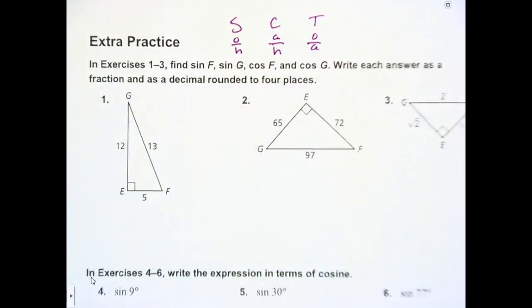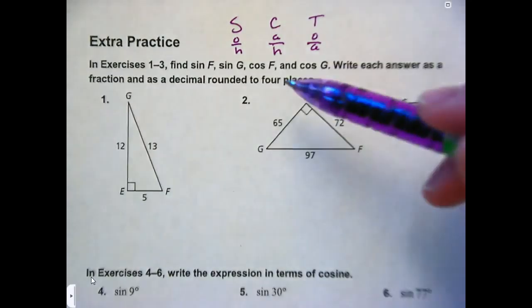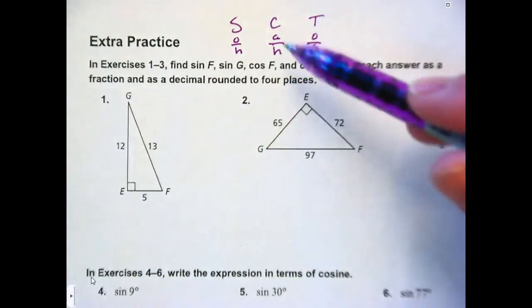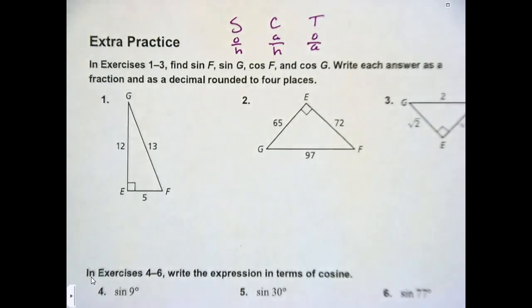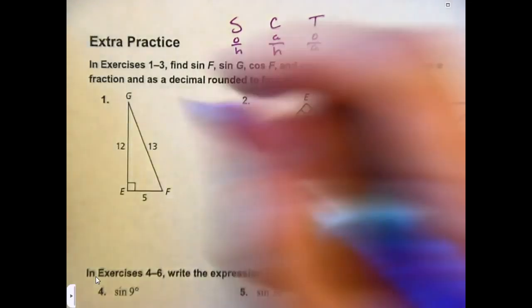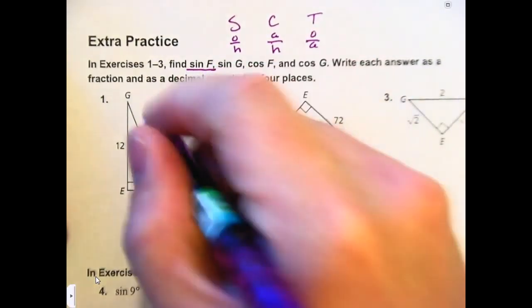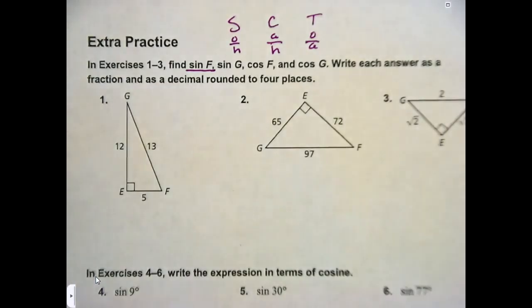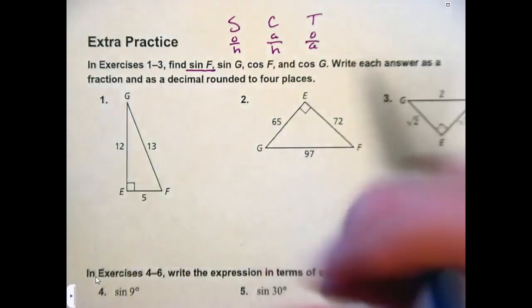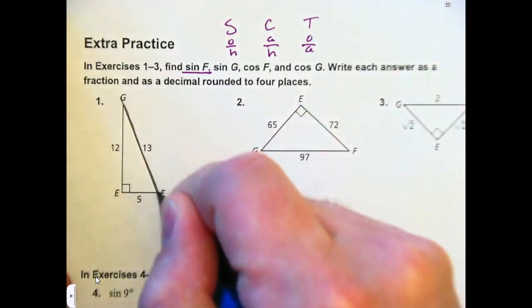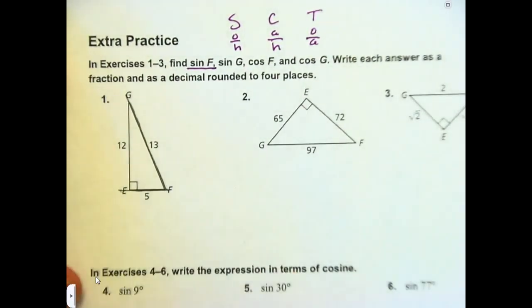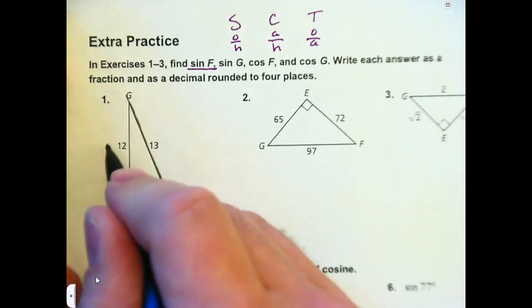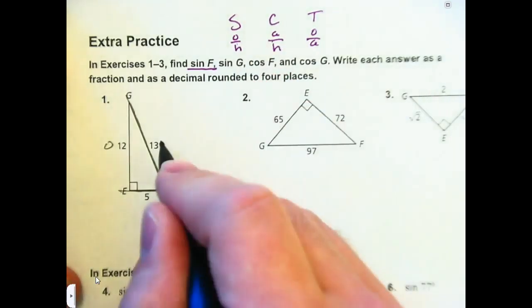If you're dealing with sine, it's opposite over hypotenuse. So your hypotenuse would go on the bottom. If you're dealing with cosine, it would be adjacent over hypotenuse. So the hypotenuse would be on the bottom. Okay, let's try one. Sine F. That means if I'm tracing the angle F, off that angle F, I am dealing with the opposite over the hypotenuse.